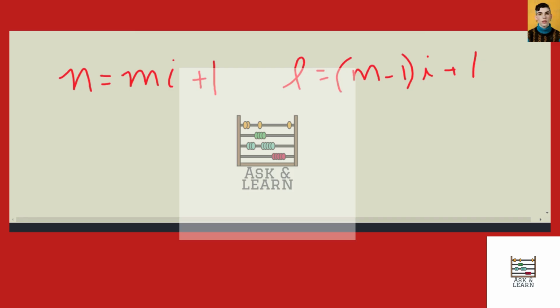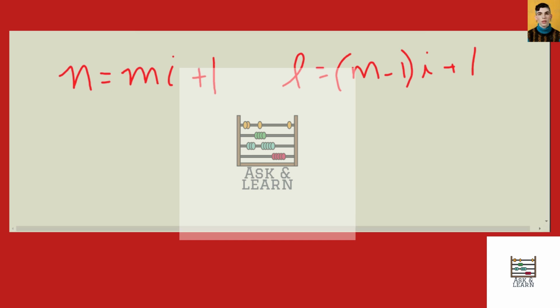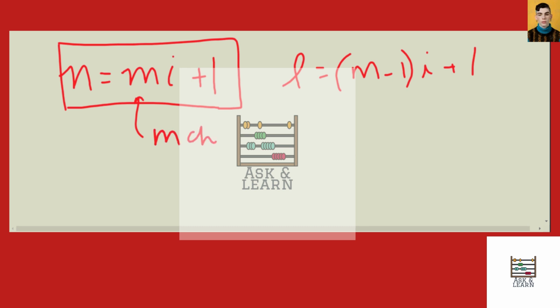Okay, so for this problem, we're going to prove that n equals mi plus 1 and L equals (m minus 1) times i plus 1 is true. So for n equals mi plus 1, if we break this down, Theorem 3 shows us that the number of vertices is built from each internal vertex having m children, plus the root.